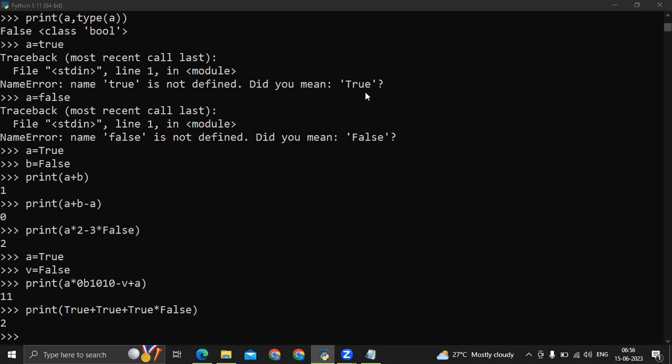We have already discussed the integer, float, and bool data types. Tomorrow we are going to talk about complex. Any questions, students?